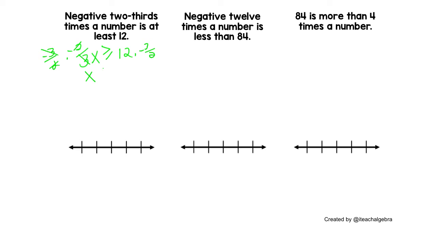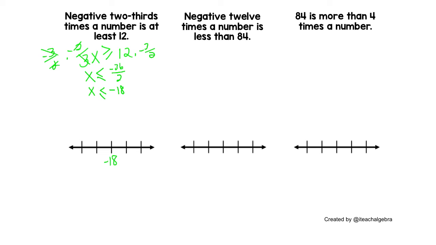We flip our inequality in the other direction. X is less than or equal to now 12 times -3 is -36 over 2. And we can simplify that and make it x is less than or equal to -18.